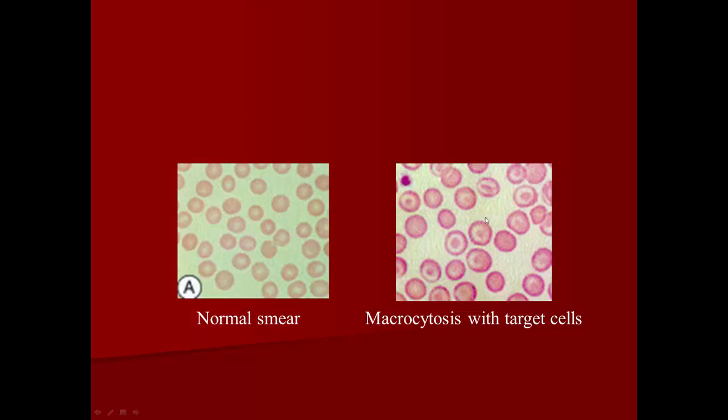Normal, not normal. They're bigger, aren't they? And they also have target cells. Target cells are abnormal cells. Those are called target cells. They kind of look like targets, don't they? I just want to have you get a sense of what everything looks like.